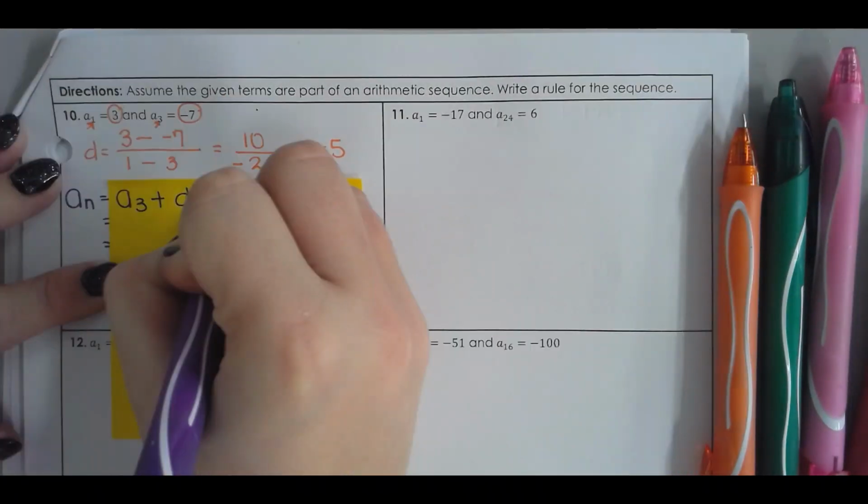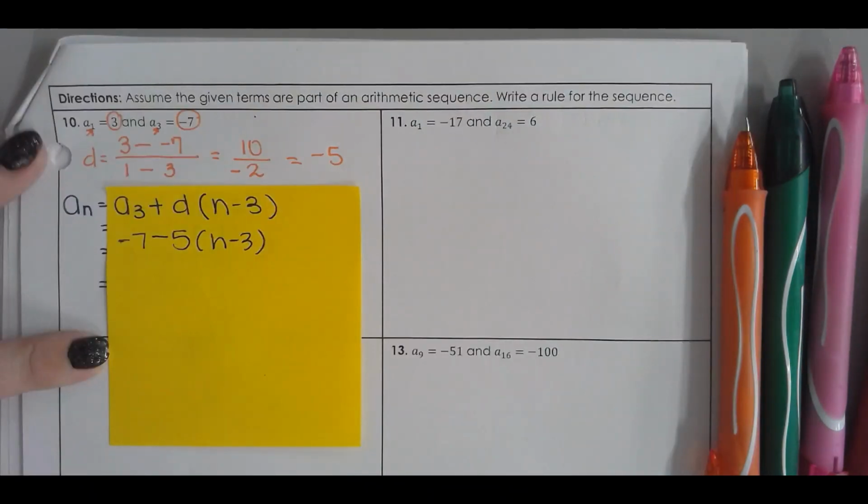I could replace it with minus 3. And guess what? I will get the same. What is A3? Negative 7. My common difference is 5.